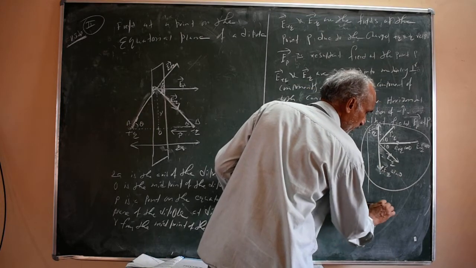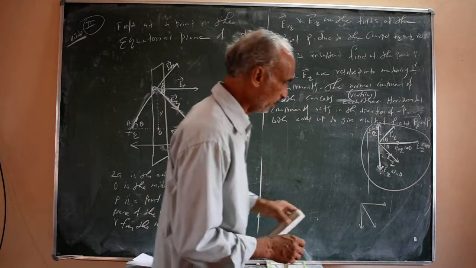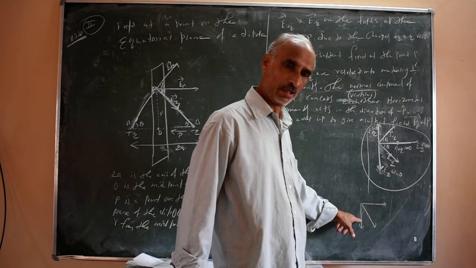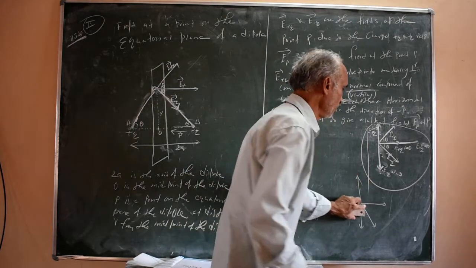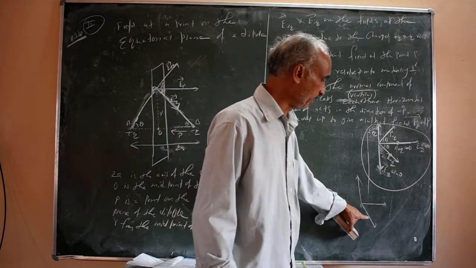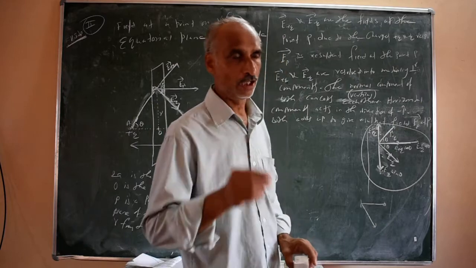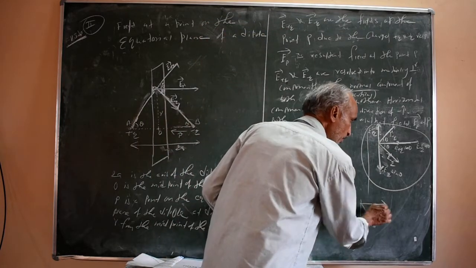Two mutually perpendicular components are horizontal and vertical, and the vector which is resolved comes in between the horizontal and vertical. Don't take it like this. This is not the vertical component of this vector, because the vector we are going to resolve comes in between the horizontal and vertical.